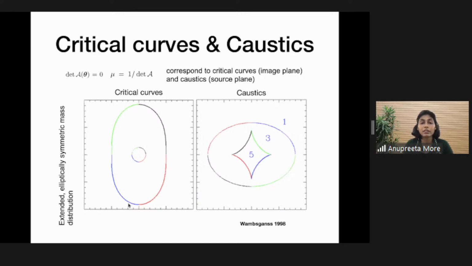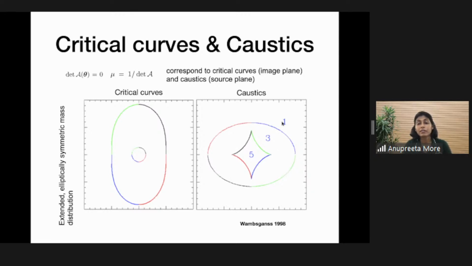These are called the critical curves. This is in the lens plane or the image plane. If you map them back to the source plane, this is how the contours look. You can see various colored sections are mapped to the same colors here in the source plane. In the source plane, these contours are called caustics.